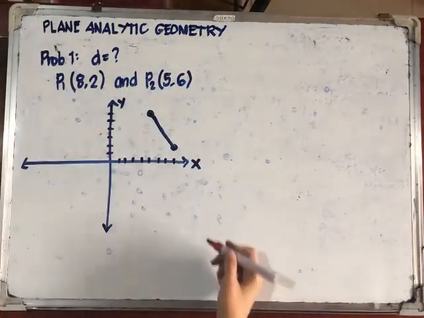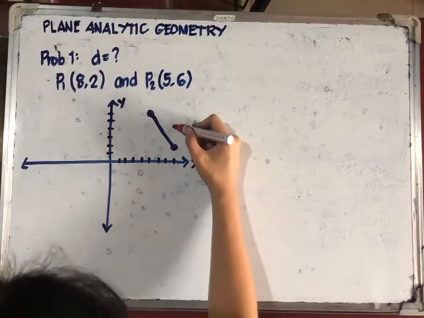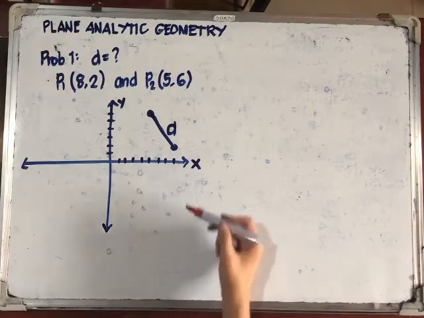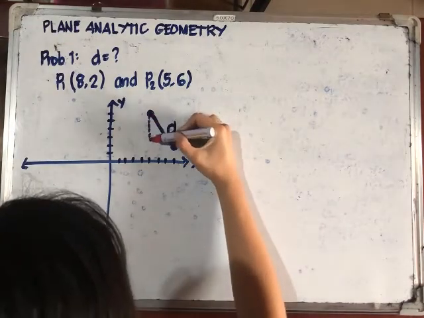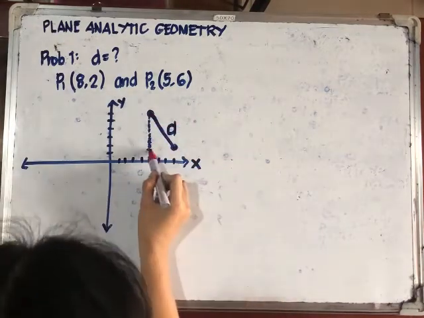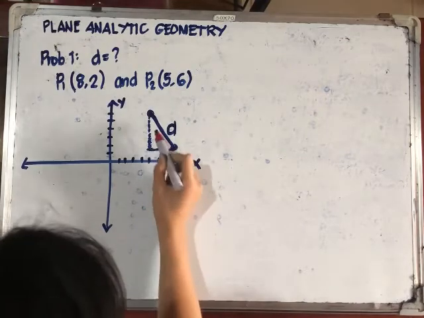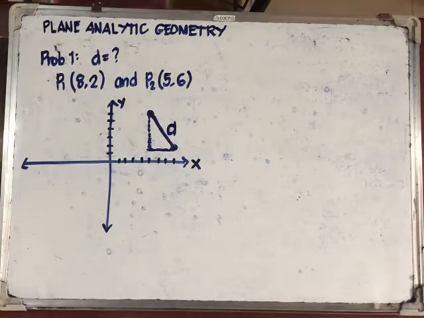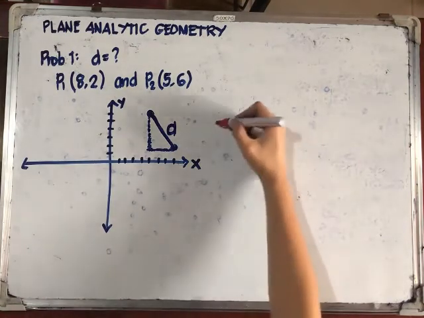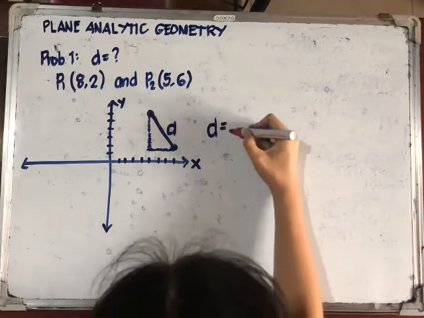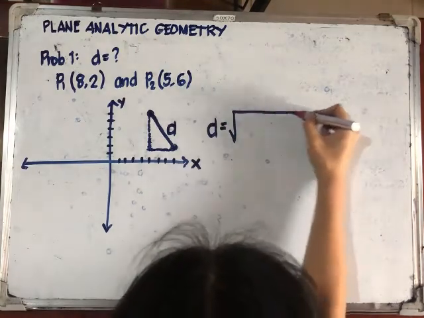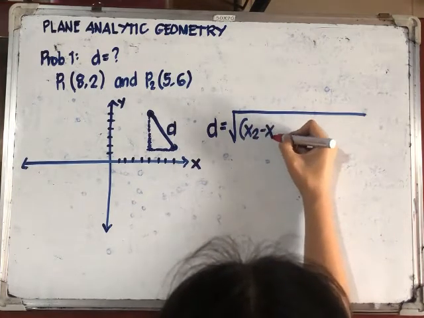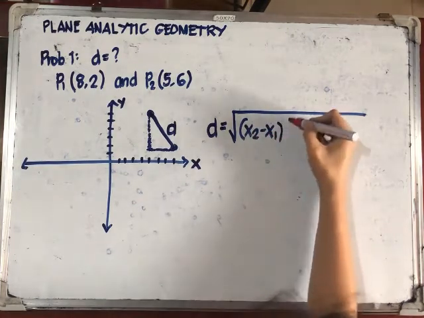Our distance formula employs the use of our Pythagorean concept. We need to find the distance between y and the distance between x, and if we already know those distances, by Pythagorean you can compute the distance d. Simply said, you can use the distance formula, the square root of (x sub 2 minus x sub 1) squared.